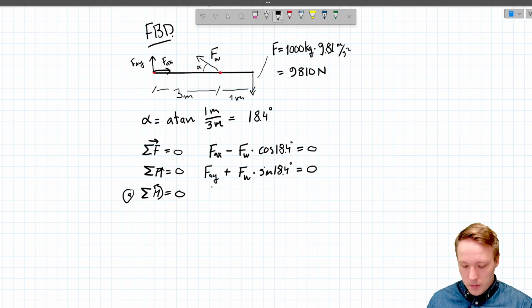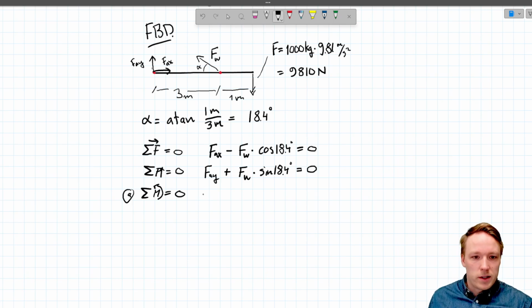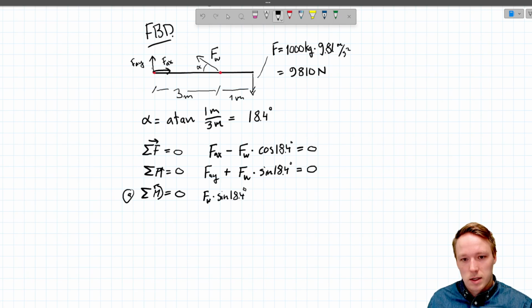So now we first take the vertical component of the FW, which is creating moment. So FW times sine 18.4 degrees multiplied by the distance that the FW is from the point A, which is 3 meters, like that.